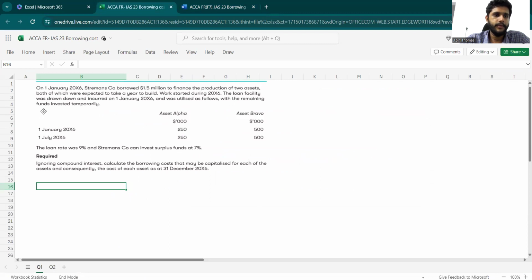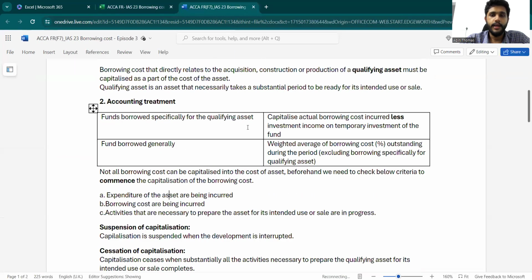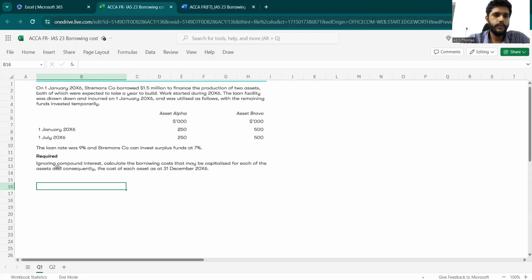The remaining funds are invested temporarily. So see, the remaining of the fund is invested temporarily. How do we treat the temporary investment? We have to deduct that temporary investment income from our total interest cost. Moving on, let's see the remaining of the question. The loan rate was 9% and the company can invest surplus funds at 7%.